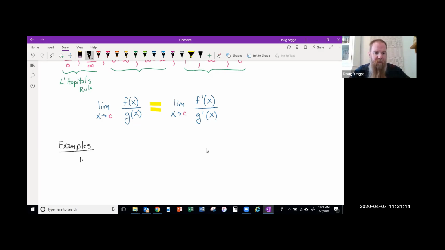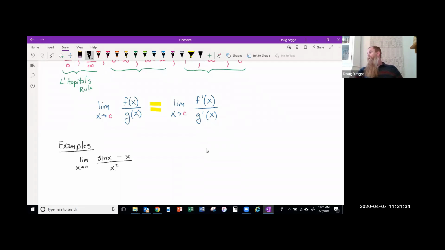So let's take the limit as x approaches 0 of sine x minus x over x squared.